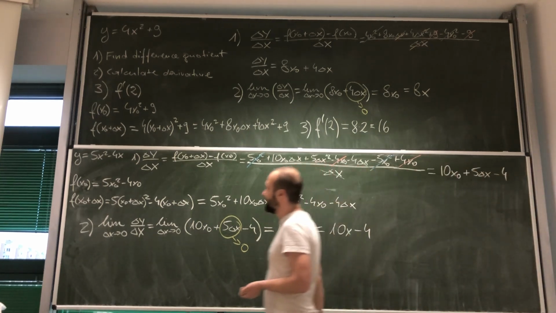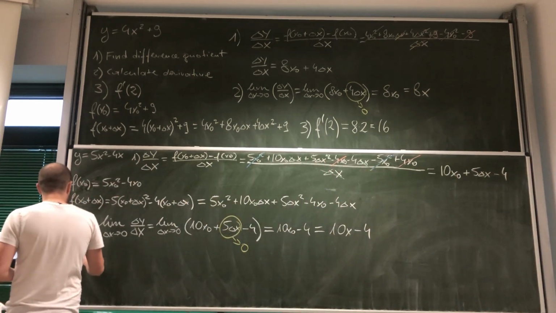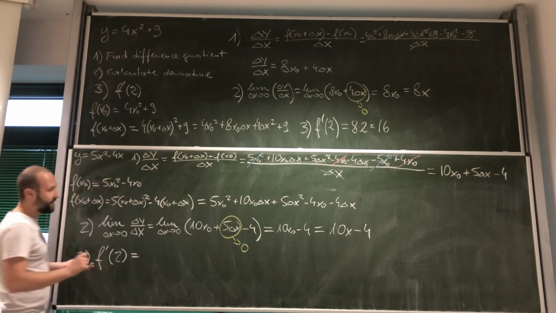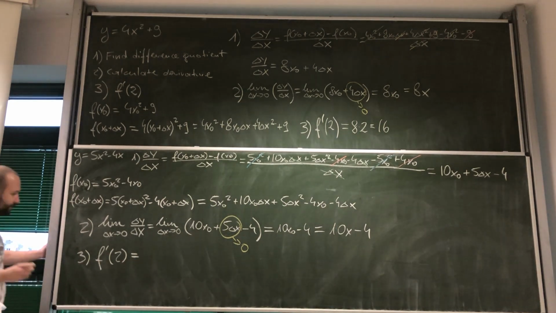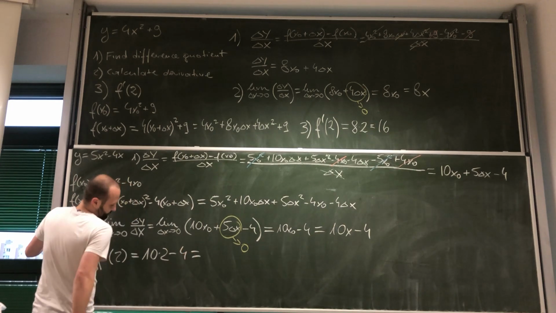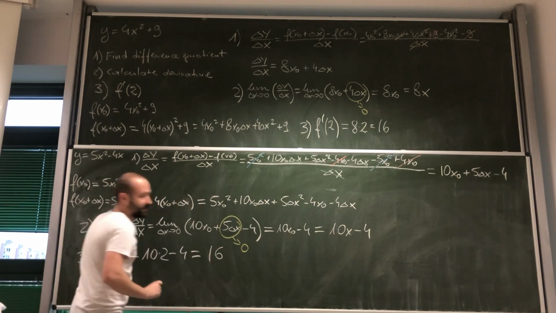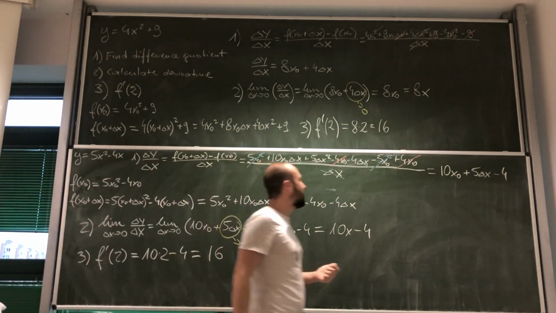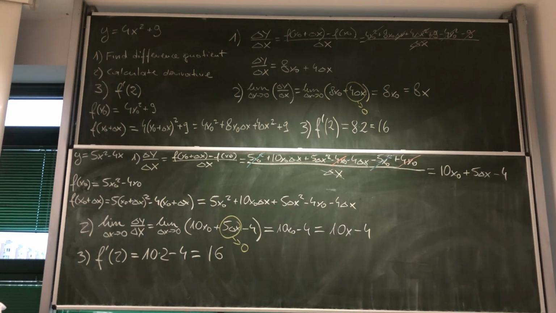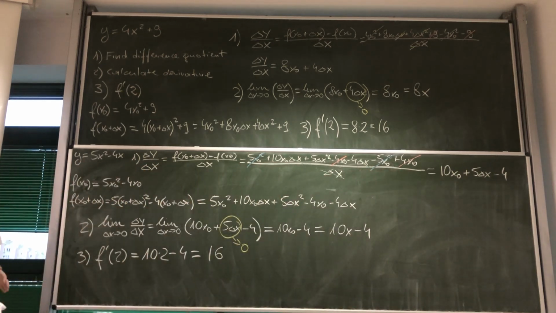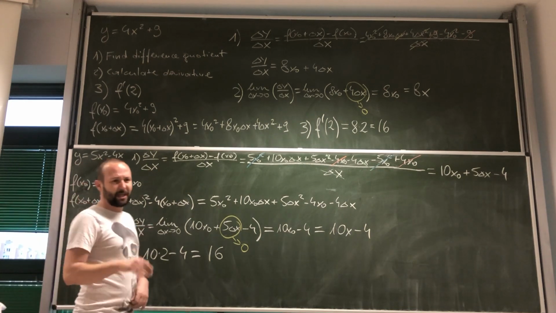Okay, and finally, again, we can calculate what is f prime of 2. For f prime of 2, we just need to substitute 2 into this function, so we've got 10 times 2 minus 4, which gives us 16. Okay, and look, this is how we calculate a derivative by definition. This is a very lengthy, time-consuming process that we're not going to use in the future.